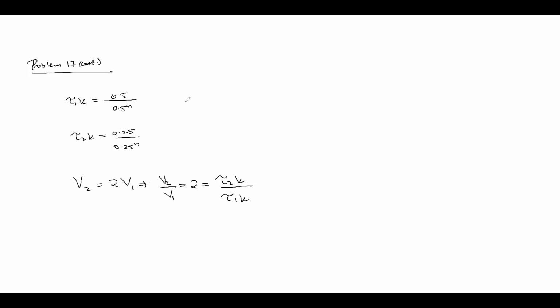So if I basically use all of these expressions here, I'm going to get 2 is equal to 0.25 divided by 0.25 to the n multiplied by 0.5 to the n divided by 0.5, right?